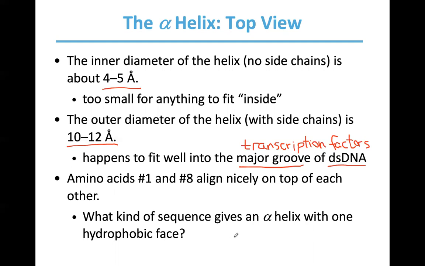So how would you space them? Well, if every 4, they would have to be facing the inside of the core. Well, if we want one hydrophobic face, so face means on the outside, right? So you do want every 4 amino acids. Every 4 amino acids, that's right.